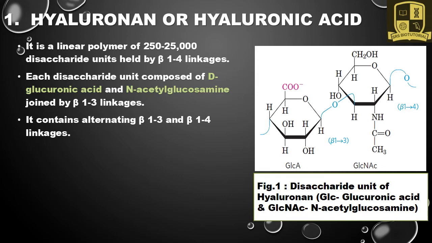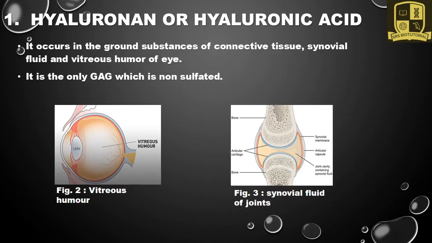This figure shows the disaccharide unit of hyaluronic acid. Hyaluronic acid occurs in the ground substances of connective tissue, synovial fluid, and vitreous humor of the eye, and it is the only glycosaminoglycan which is non-sulfated.